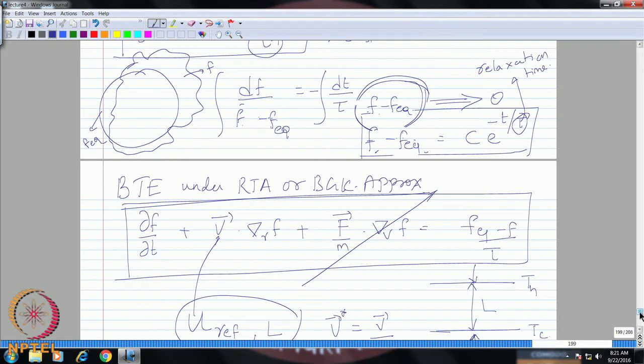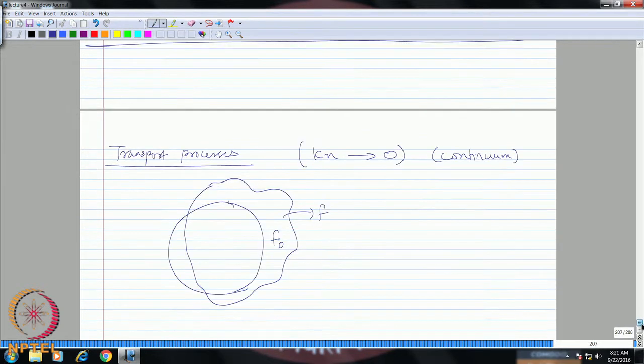So, in order to derive the continuum equation, we have to bring in the assumption that f minus f equilibrium, that is the difference between these two distributions, one is the equilibrium which is uniform in all the directions, the other one which is non-uniform, and however, this difference, let us call this as another distribution function g, okay, will be small.